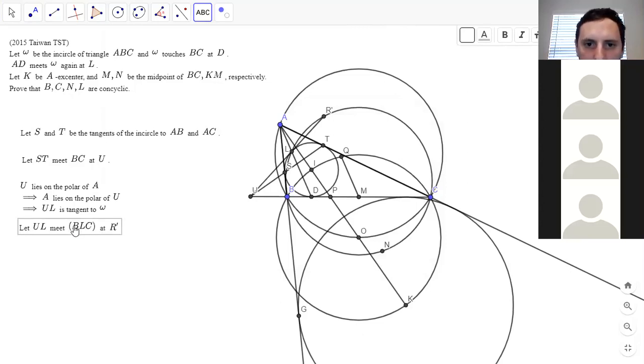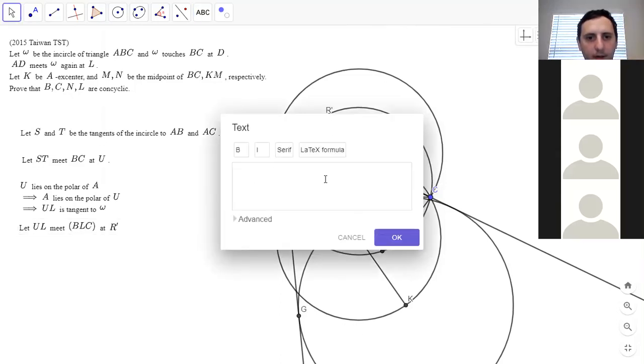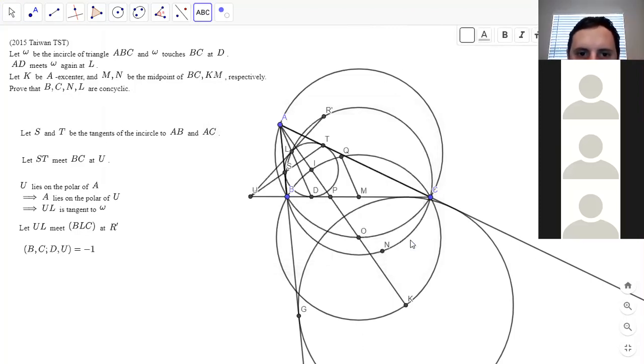And then we have B, C, D, U are harmonic. And so that means that UL is equal to UD, but we have UL times UR prime is UB times UC, which is UD times UM.